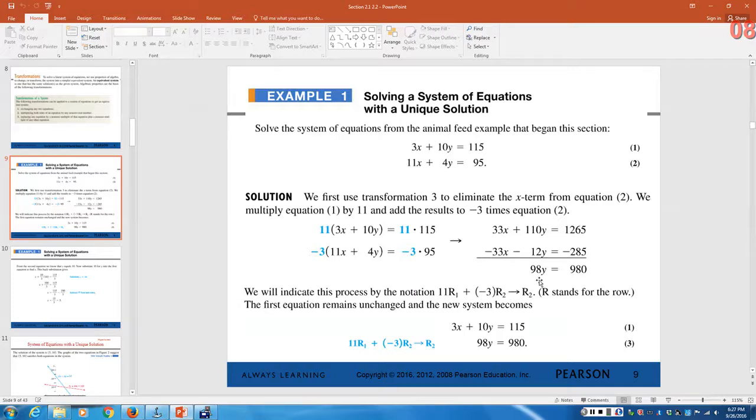And I get 98y equals 980. And since that's an equivalent equation, I'm just going to drop that second equation out and replace it with that. Now what that tells me is that 98y equals 980.